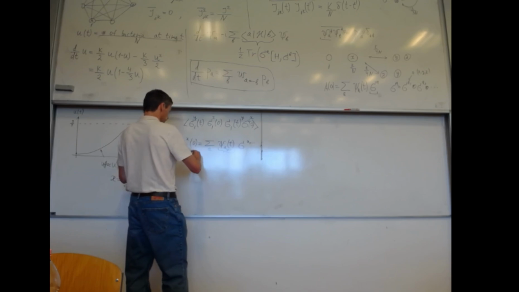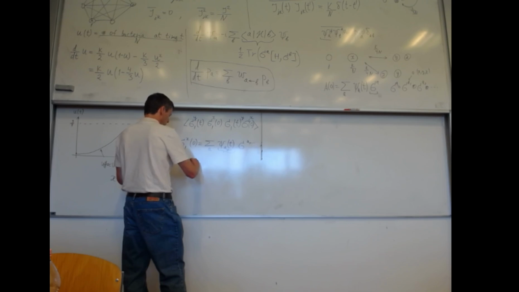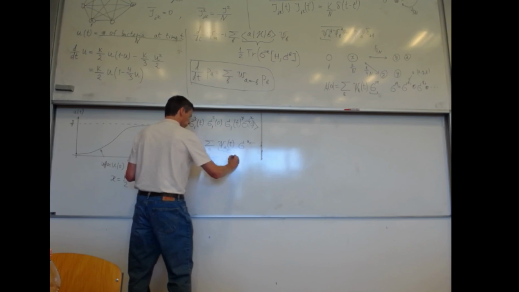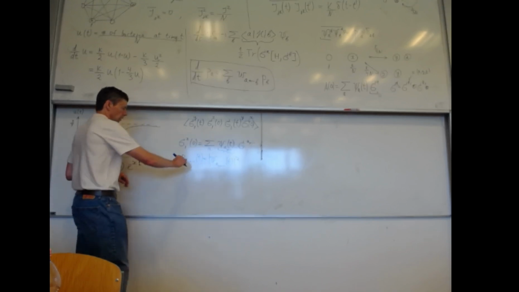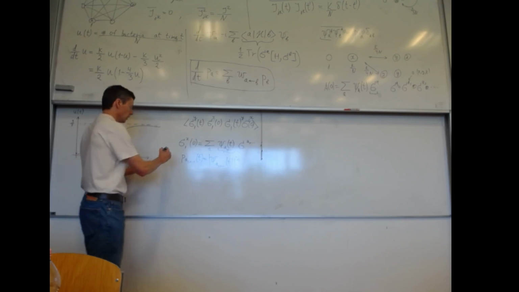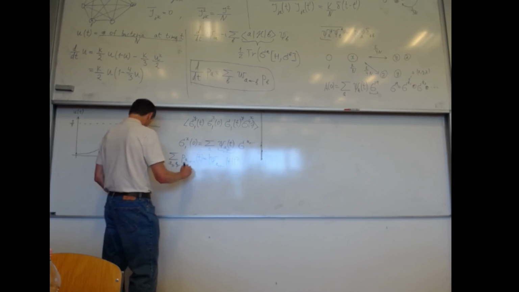So P of A1 of t equals psi A1 of t squared. And if we don't care about the other labels, we should take the sum over A2, A3, and so on.